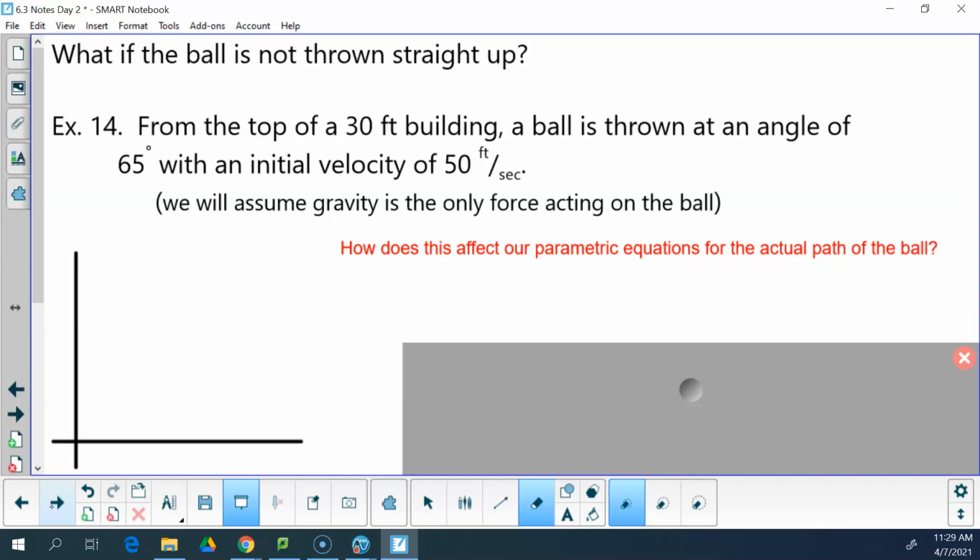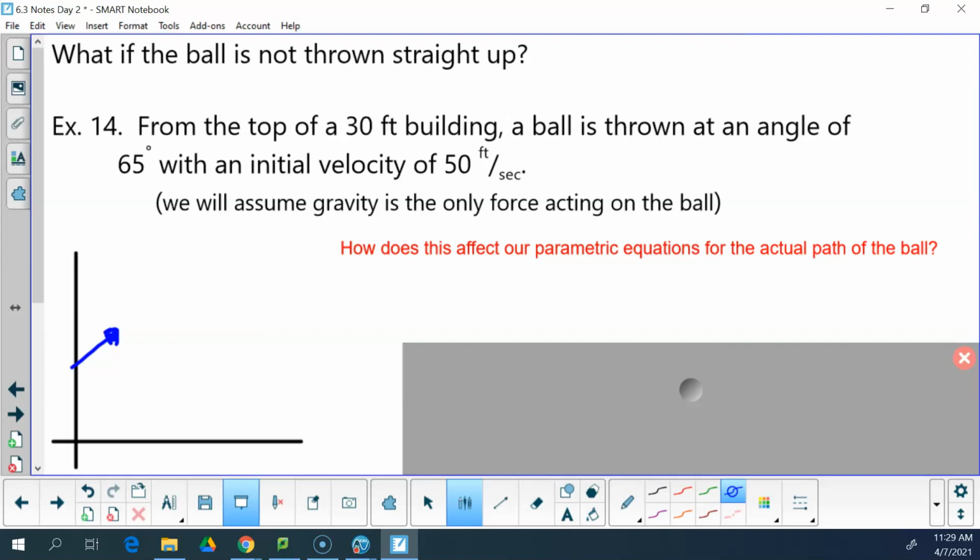So as soon as an object leaves your hand, it's on a vector course. Now, once it leaves your hand, gravity takes effect on it.